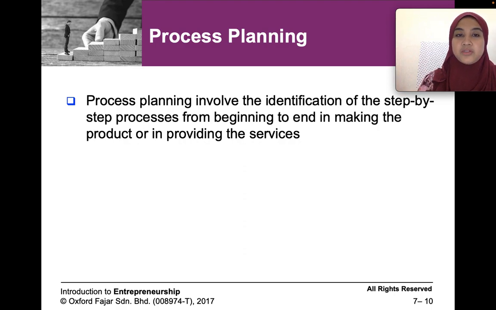So this is the process, step by step. Step one, what do you need to do? Step two, next proceed to step three, step four. See, this is what we mean by the process planning.